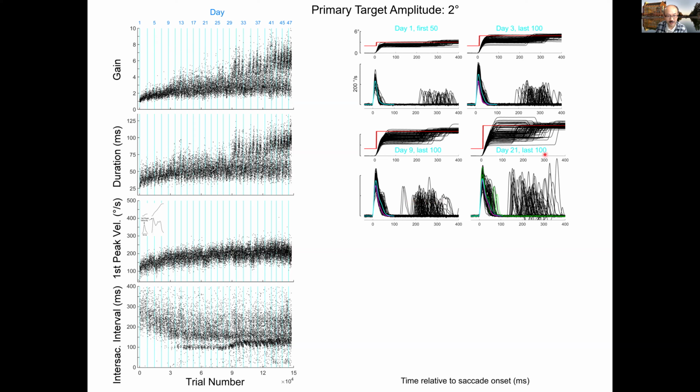But as you go to day 21, you start seeing a small population of high gain saccades and a large population of low gain saccades. As you can see in the velocity profile, peak velocity doesn't change a bit.